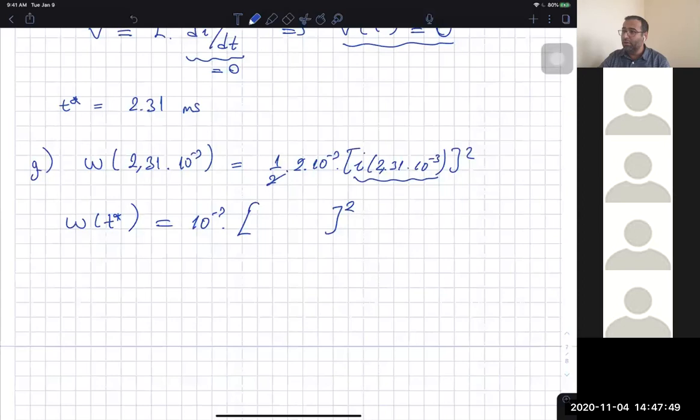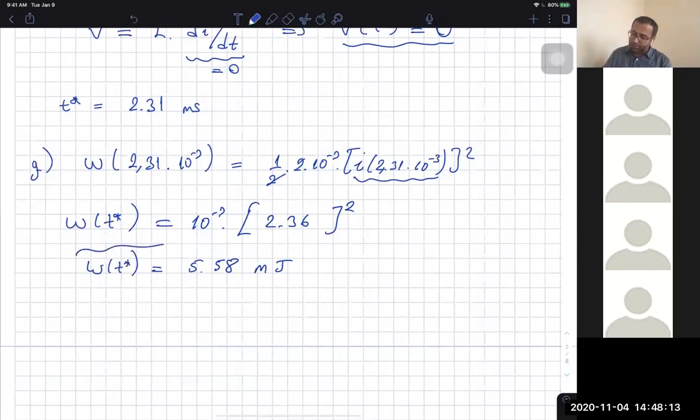It's 2.36 amps. So squaring that, it would be 5.58 amps squared. And with 10 to the minus 3, it's going to be millijoules. Okay, 558 you said? Yes, this will be millijoules. Okay, perfect. Thank you very much.